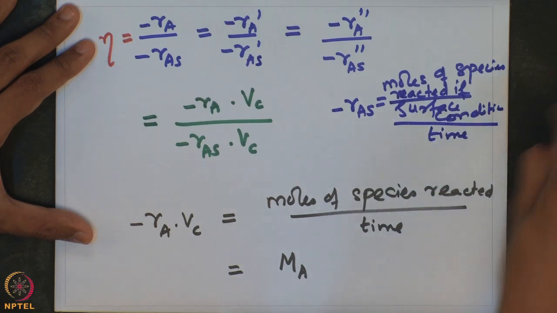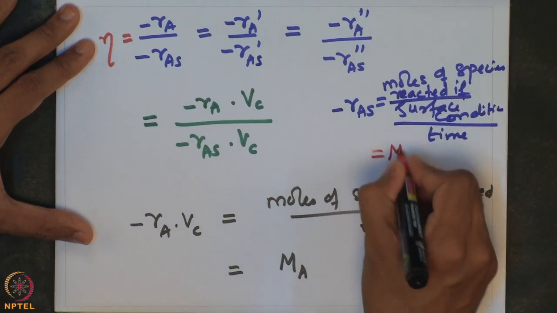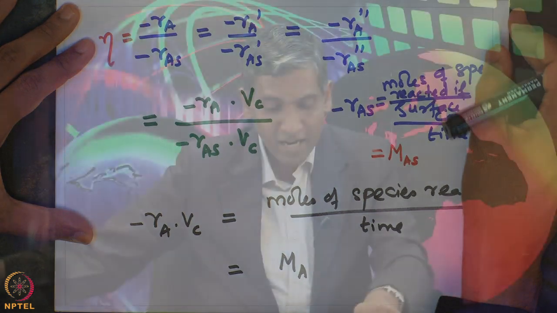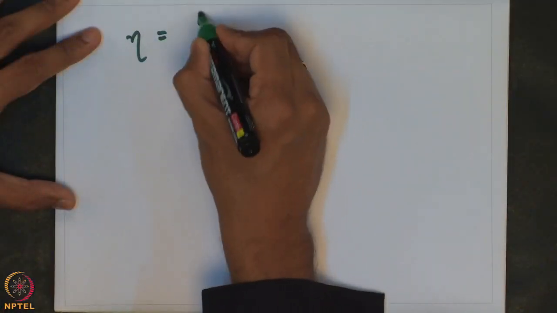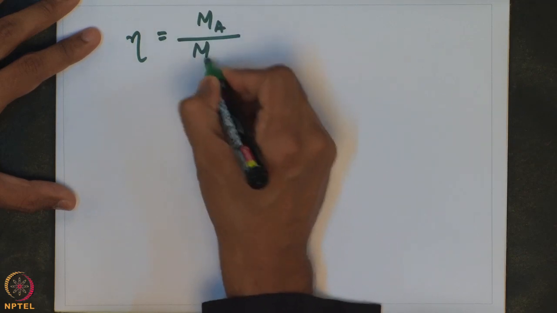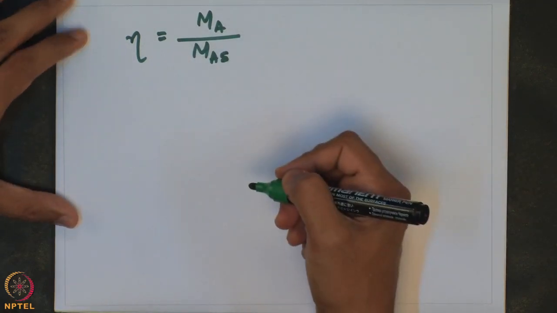So, if let us say that I define this as MAS, I can now rewrite the effectiveness factor definition in terms of the actual moles that is undergoing the reaction. So, eta is essentially equal to Ma divided by MAS.